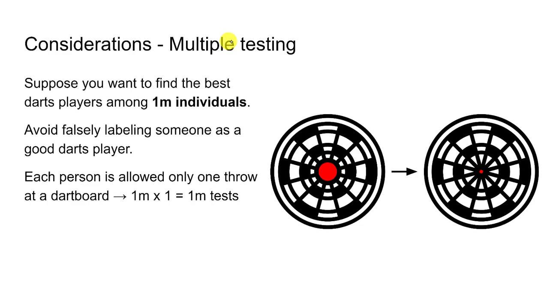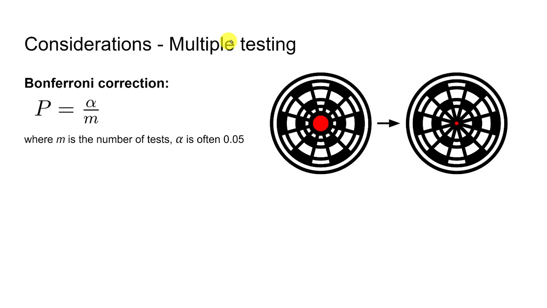This idea is called Bonferroni correction, adjusting your p-values. And all you're doing, super simple, is taking your family-wise error rate, alpha, which is usually set at 0.05, and dividing it by the number of tests that you're doing. So if you had 1 million tests, you would just divide 0.05 by a million.